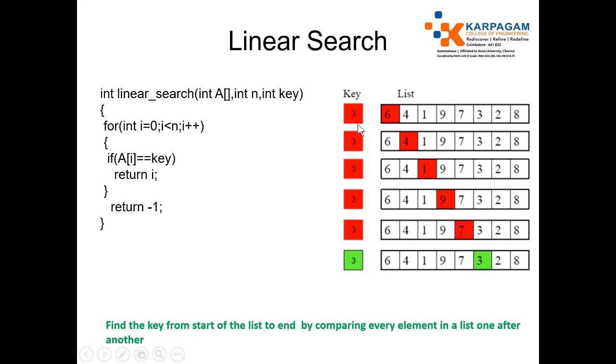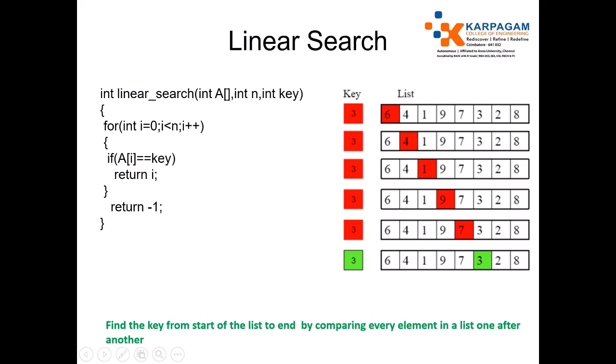I start from the start of the list and compare. If the key is not equal to the element at that position, I compare the other elements sequentially, one after another.